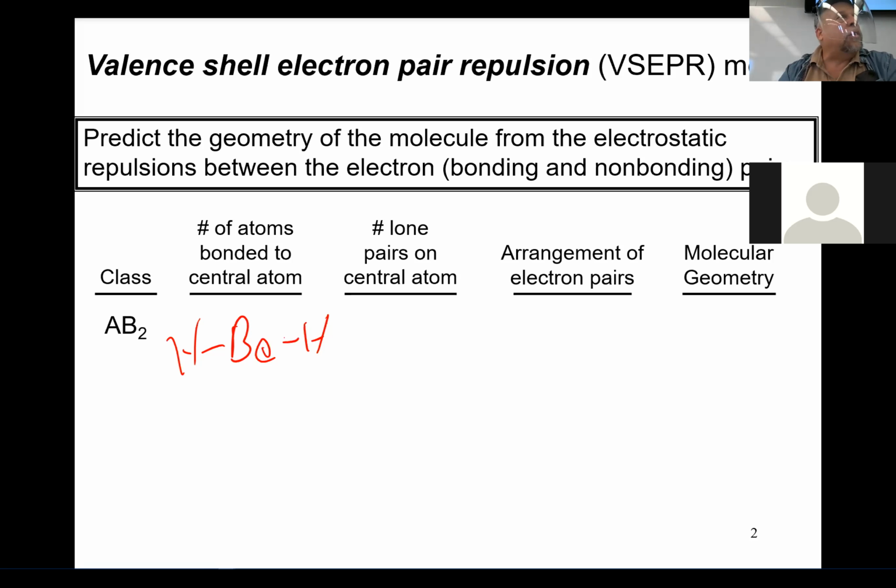Now, what's the difference between this and, say, okay, we'll just go to another example, and the next one, I'll just finish off the slide here for a sec, so you can see where I'm going with this. The number of bonds, 2 in there, the number of lone pairs is 0.